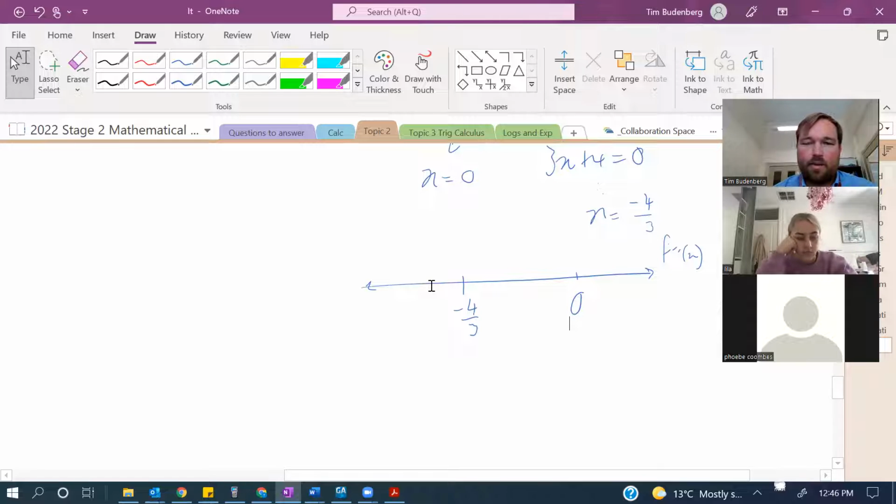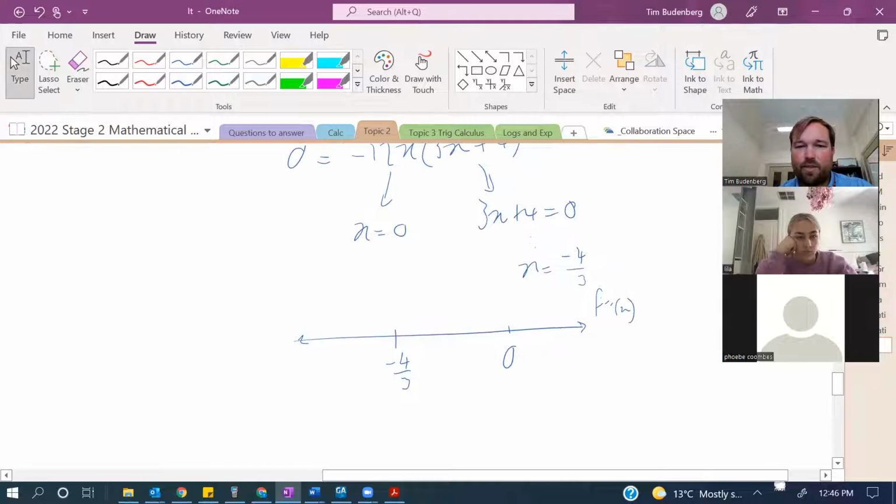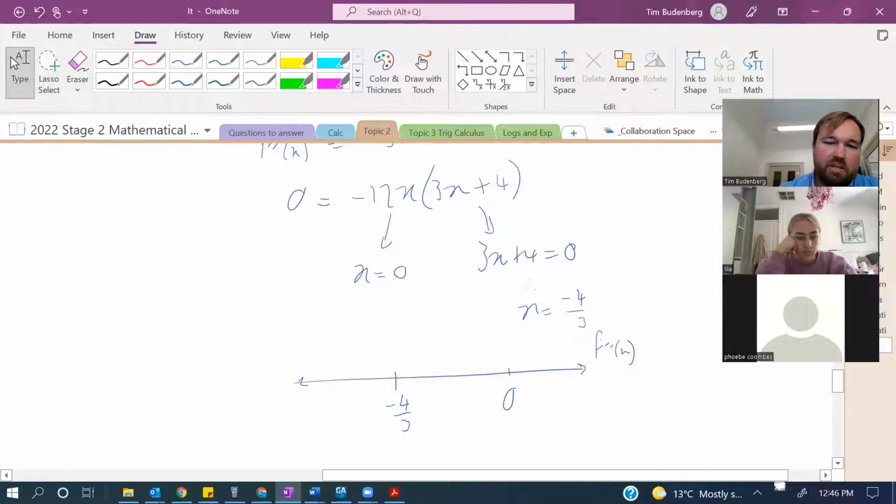So we basically sub in values at this point. I would sub in -2 into here. You're going to get a positive number because -12 times -2 is positive, and then 3 lots of -2 plus 4 is negative. So it'll be negative overall.